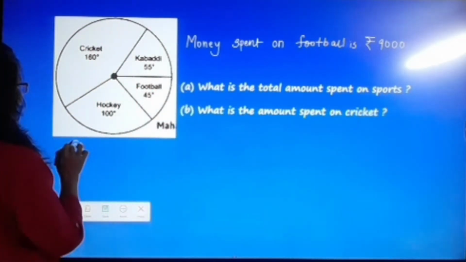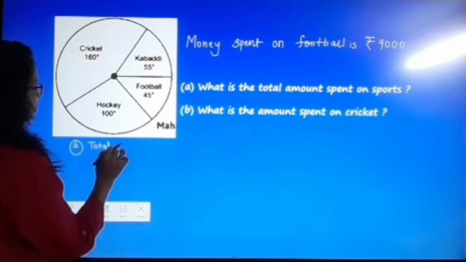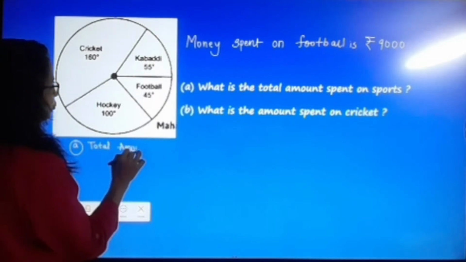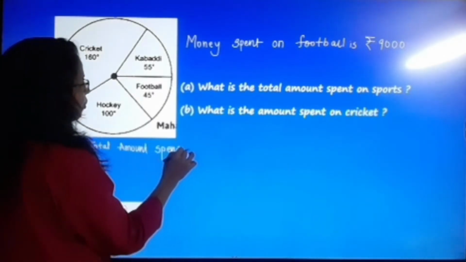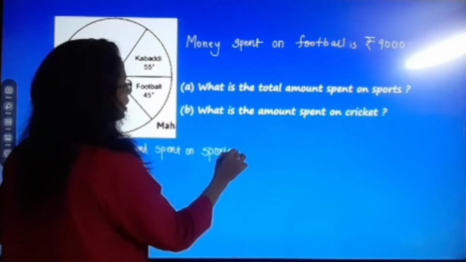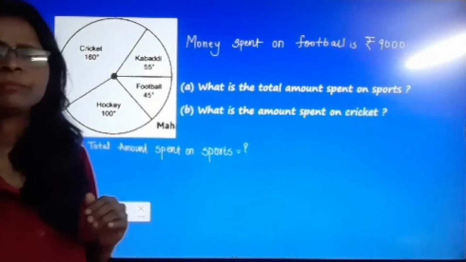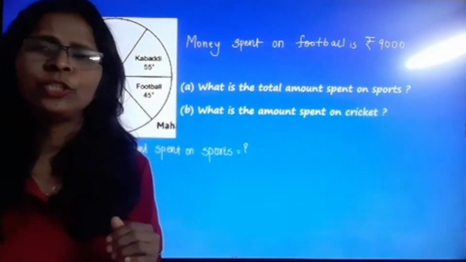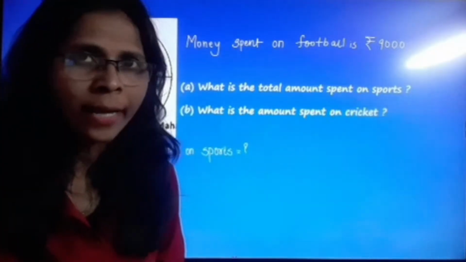So first I write down the total amount spent on sports is equal to question mark. Now the only given information is that the money spent on football is rupees 9,000.